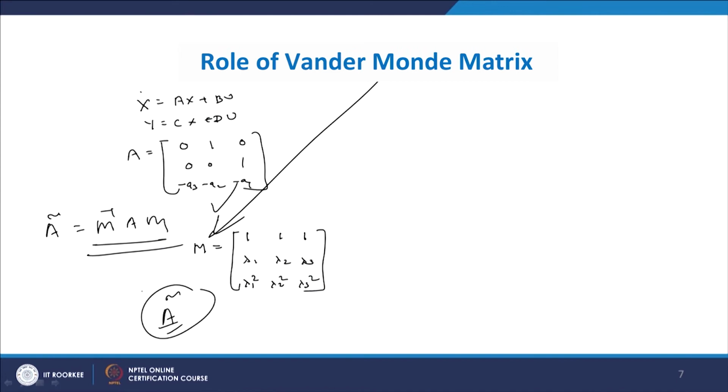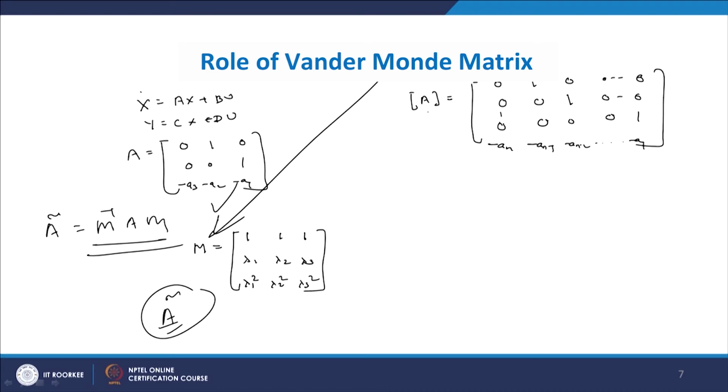Suppose your matrix A is in generalized form: A equal to 0 1 0 0 0 0 0 1 0 0 0 0 0 0 0 1, and lastly in the final row minus a n, minus a of n minus 1, a n minus 2, and so on.